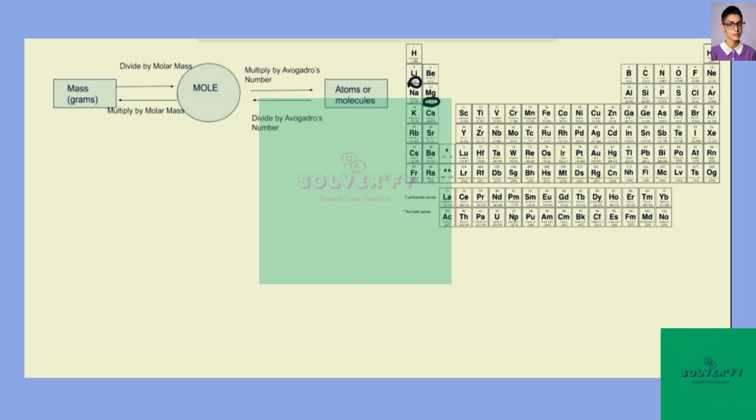So if, for example, we have a certain amount of moles of a substance, 6.44 times 10 to the minus 2 moles of MnSO4, and we want to know how many grams that equals.